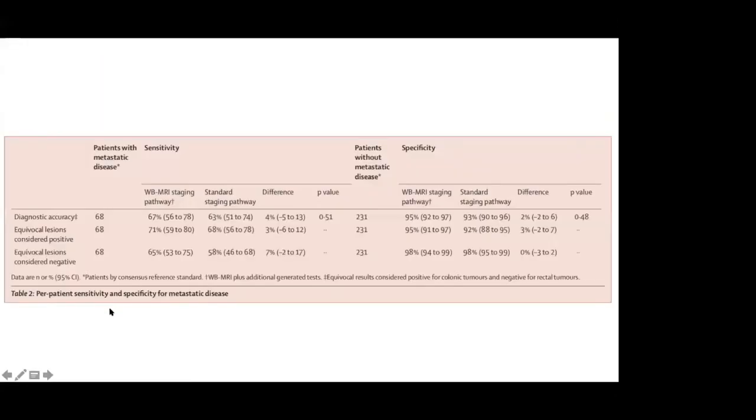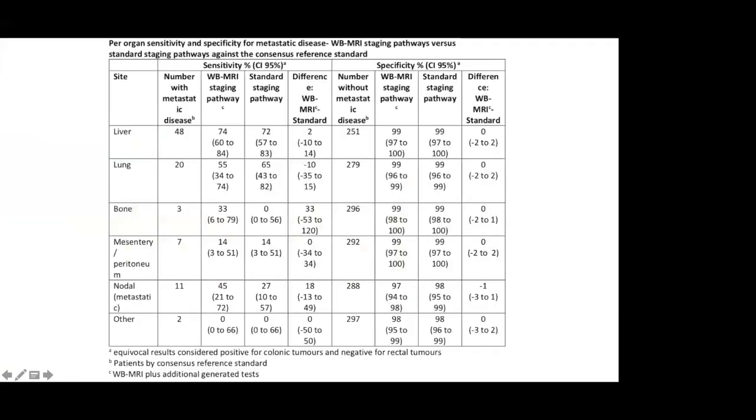This is what they've shown here in their paper. So indeed, diagnostic accuracy for whole body MRI staging is 67%, and the standard staging pathway is 63%, there's no statistical difference. But looking a bit further, and also in the supplemental materials, it is quite important to know where these metastases are.